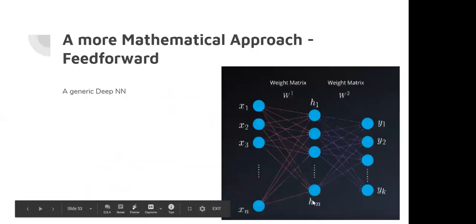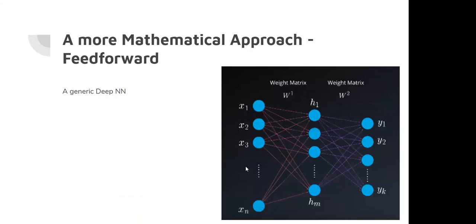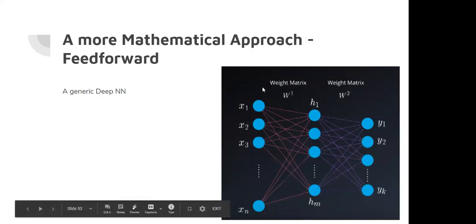Okay. So how is a generic deep neural network going to look? You have these input vectors, x1 to xn, mark my words, vectors. Then you have this weight matrix going from the input to the hidden layer.